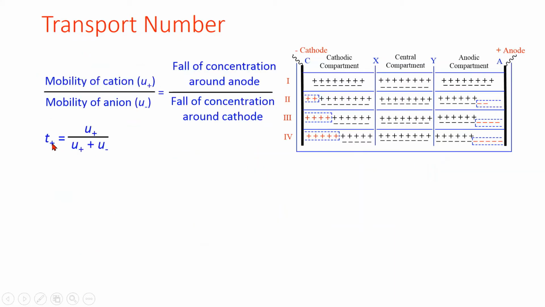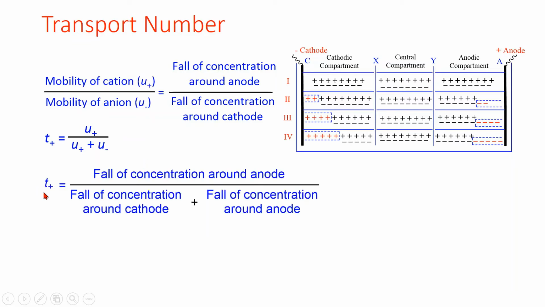Since the transport number of the cation is given by this relationship, the transport number of the cation is the fall of concentration around the anode divided by the total fall of concentration around the cathode and anode.